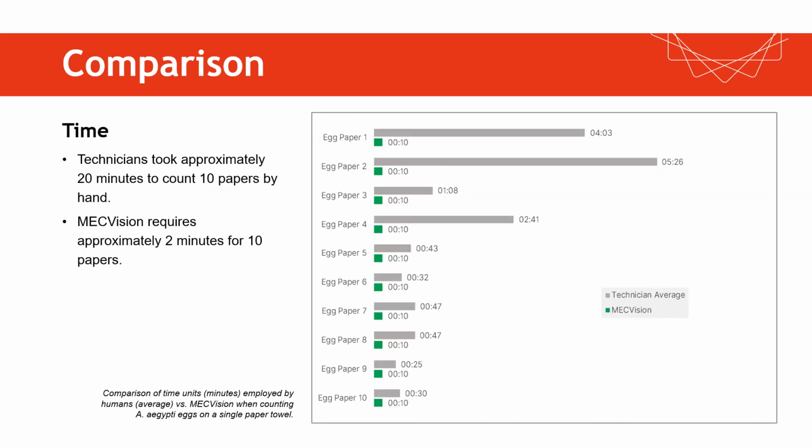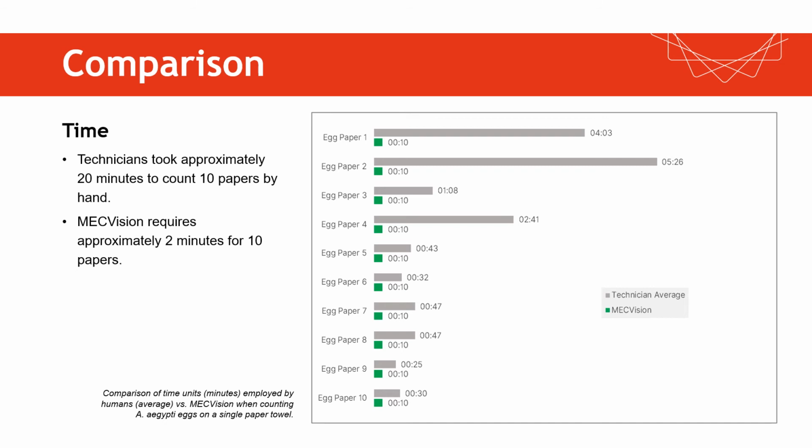So turning next to time, and this is where we can see some really big differences. Again, here in the table, we see the 10 different papers with different counts of eggs on them. In gray, we've got the average amount of time that it took to complete the task for the technicians, and in green for the app.